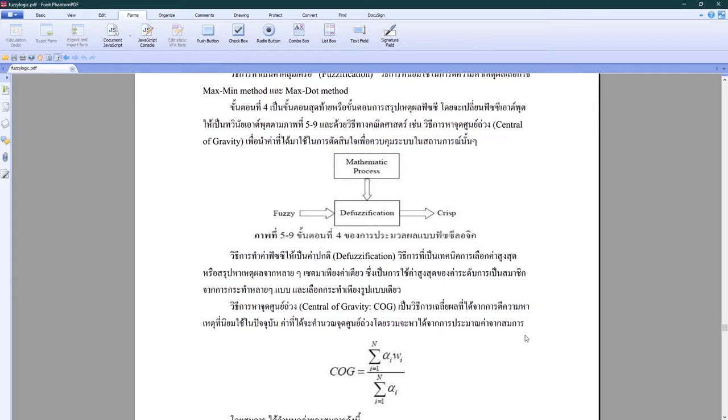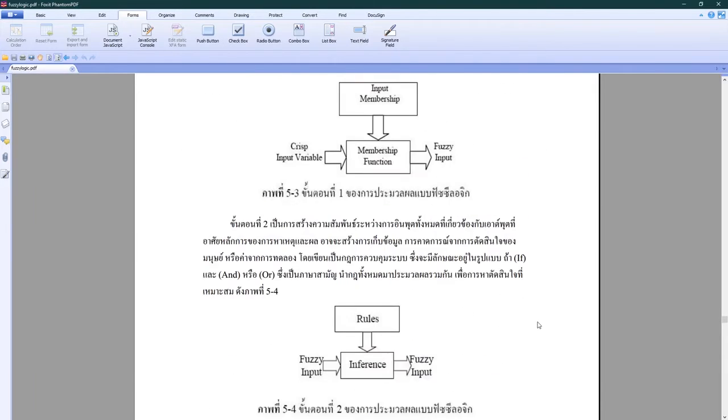We cannot tell that this kind of system would be suited for this membership function. But most systems usually work with a linear membership function because we always want the system to be linear. But if we try an experiment and it doesn't work, we may change to another one.